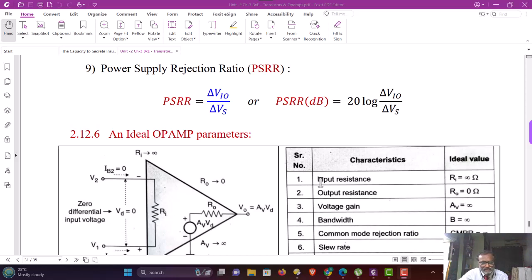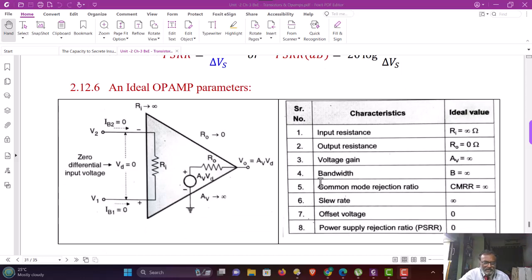Now let us summarize and compare the ideal op-amp parameters and practical op-amp parameters. The first circuit diagram shows the equivalent circuit of a practical op-amp, or in general the operational amplifier.